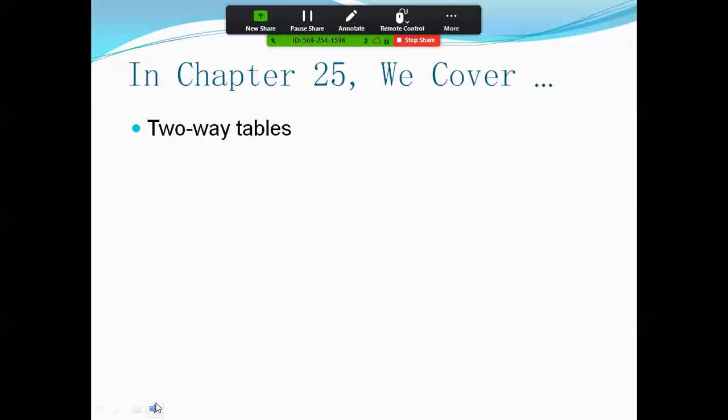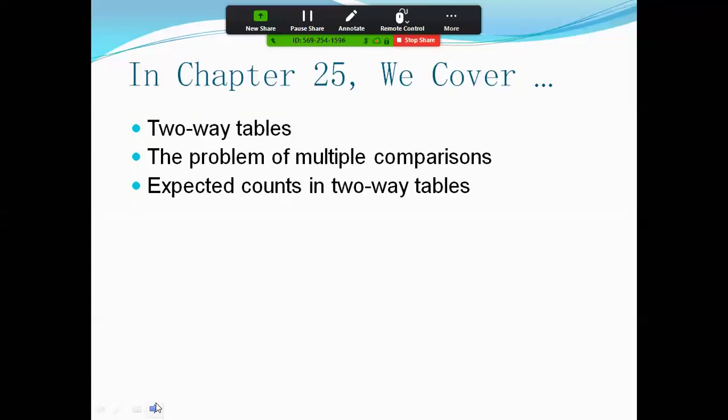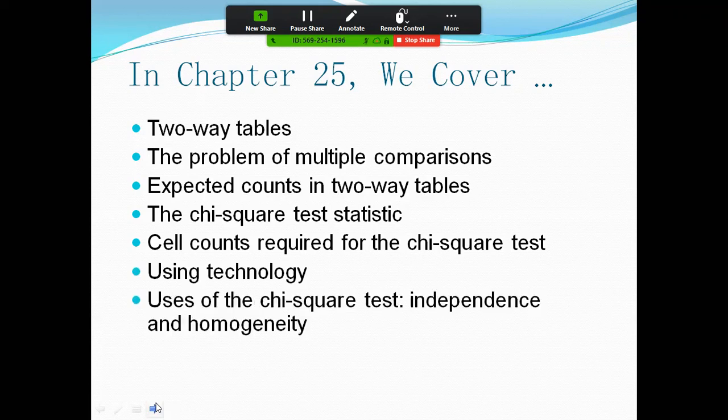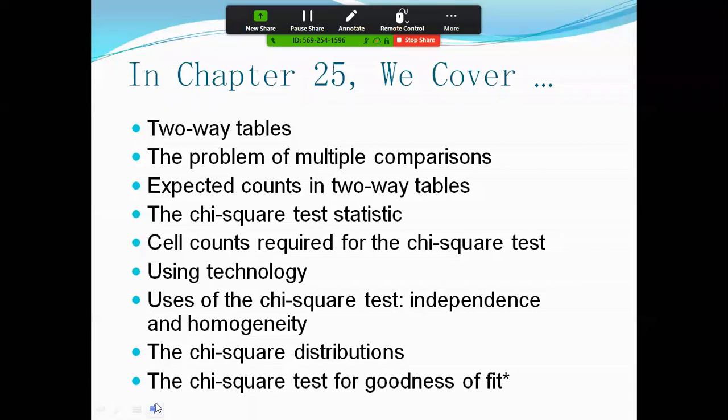In this chapter, we cover two-way tables, the problem of multiple comparisons, expected counts in two-way tables, the chi-squared test statistic, cell counts required for the chi-squared test, using technology, uses of the chi-squared test, independence and homogeneity, the chi-squared distribution, and the chi-square test for goodness of fit.